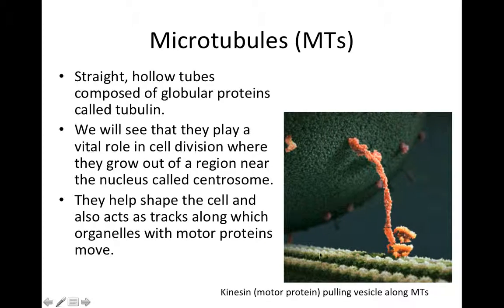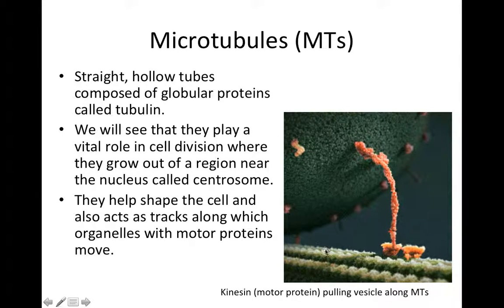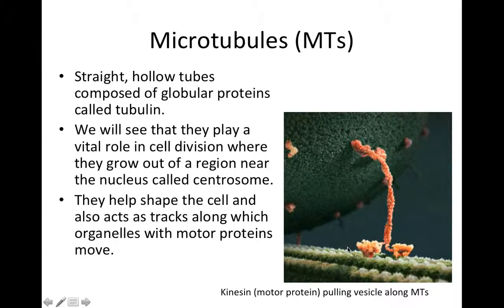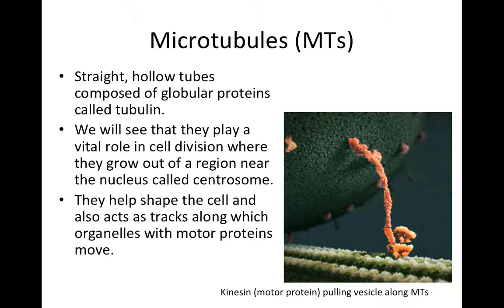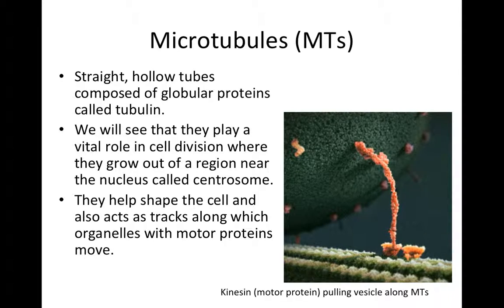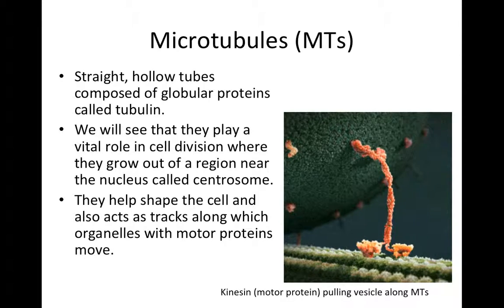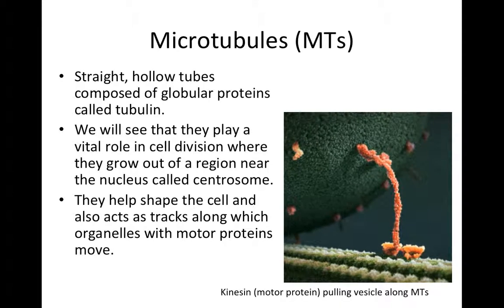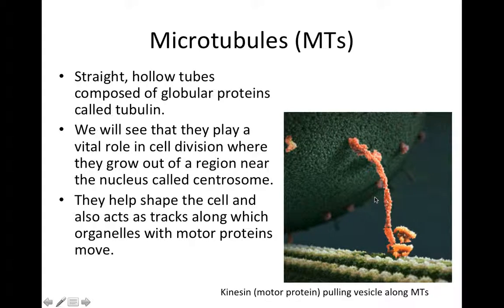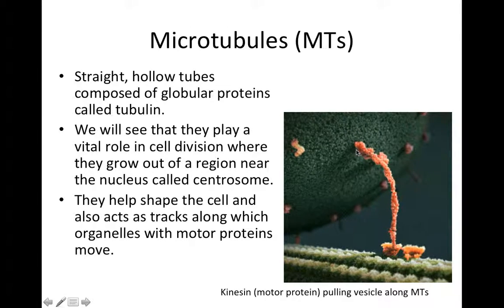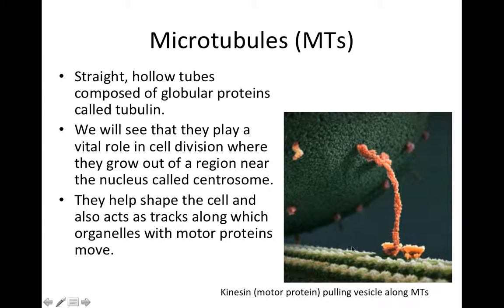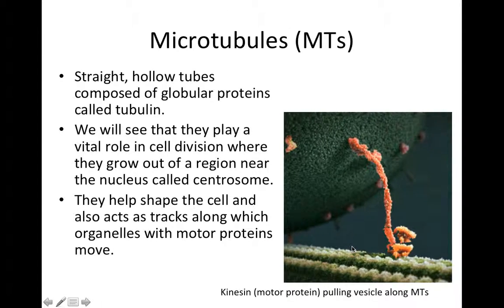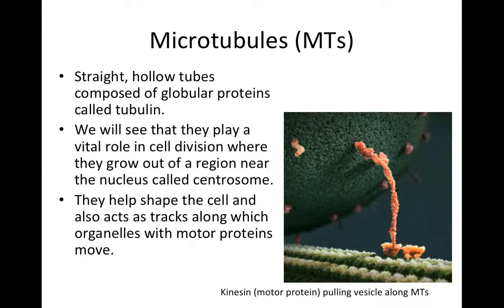So a microtubule is this track here, which has been made up of the protein tubulin. So a bunch of little tubulin balls came together and they generate this track. And this track is what kinesin walks on, and at the same time kinesin carries transport vesicles and other things along this track system. So that's kind of the main feature and what I want you to get out of microtubules.